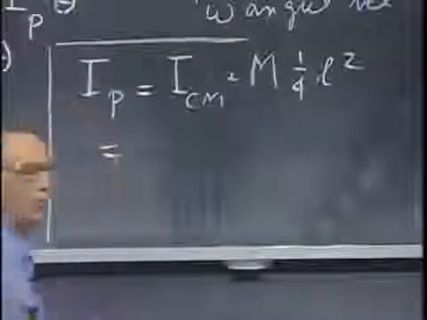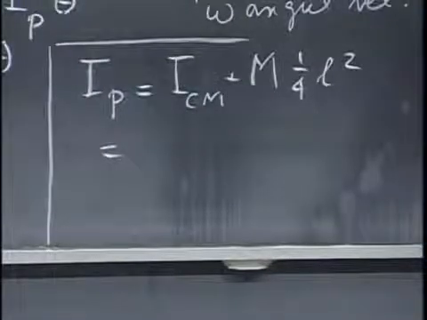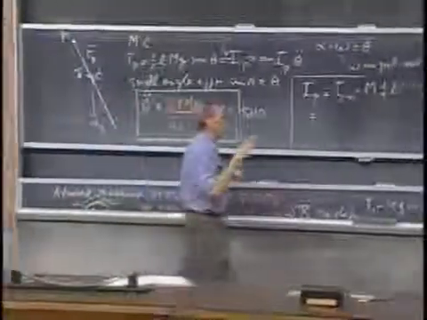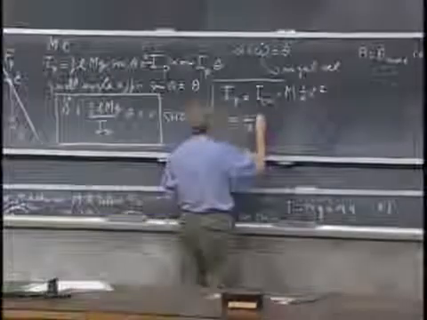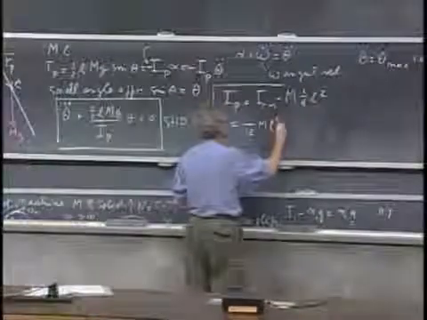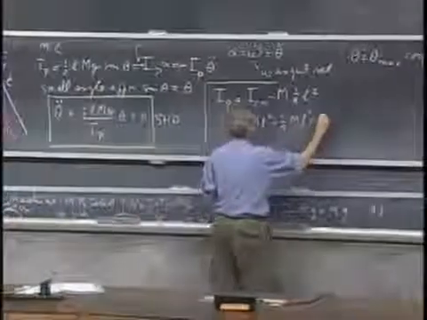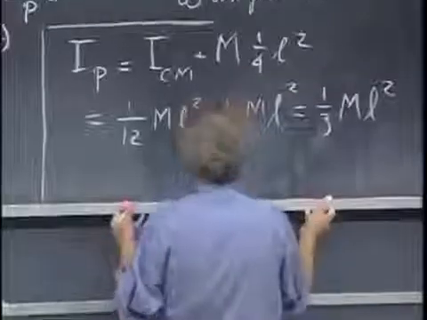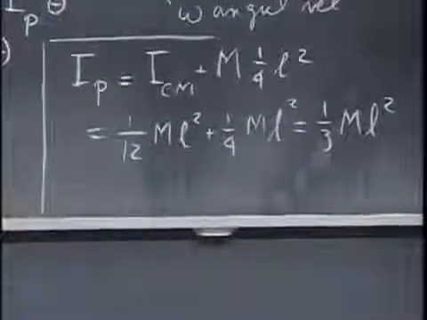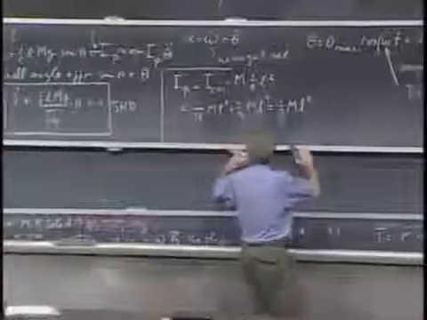I look up in a table what the moment of inertia is for rotation of a rod about its center, with the rod perpendicular to the axis, and that is 1/12 mL squared. Plus 1/4 mL squared gives me 1/3 mL squared.